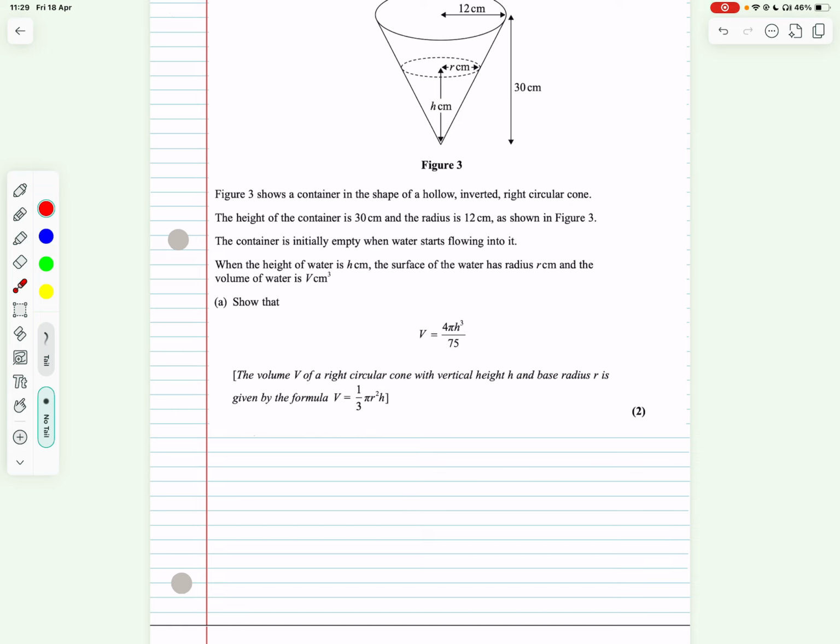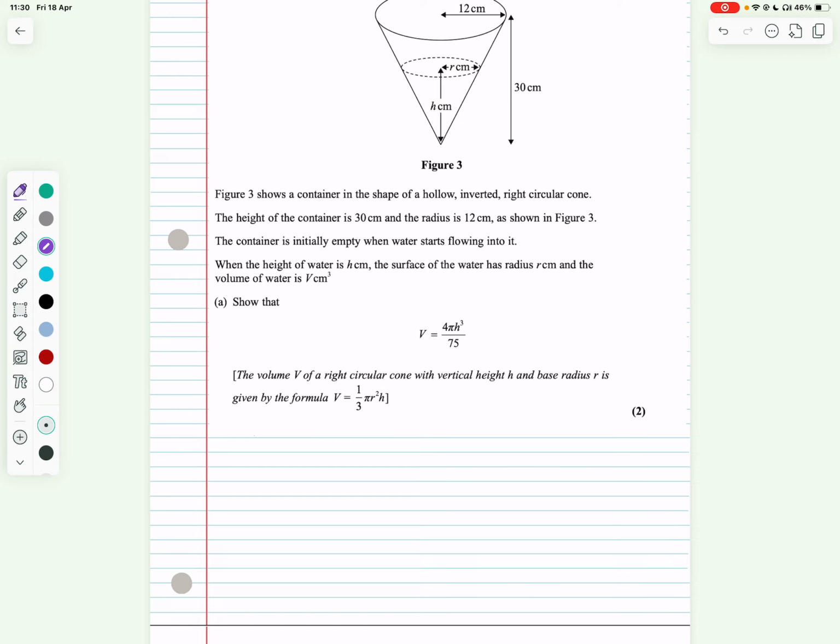And it gives us the formula for how we calculate the volume of the circular cone. There are two topics we are going to use. One is finding the volume of the cone, which we are happy about because they gave us a formula.